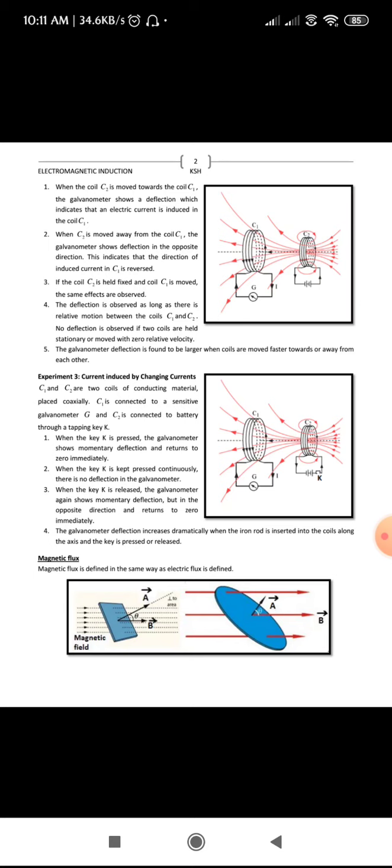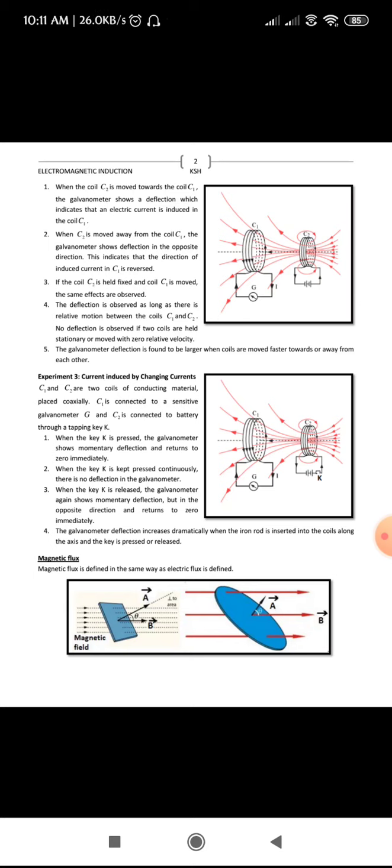Once the current becomes saturated, the magnetic field which is produced due to that current becomes maximum. I mean it doesn't change. The value of magnetic field doesn't change. Hence the magnetic flux linked with coil C1 also doesn't change. So the current in the coil C1 is equal to 0.